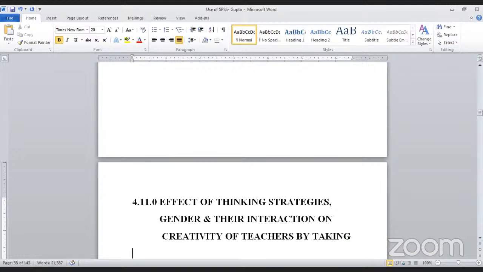By taking their pre-creativity as covariate.